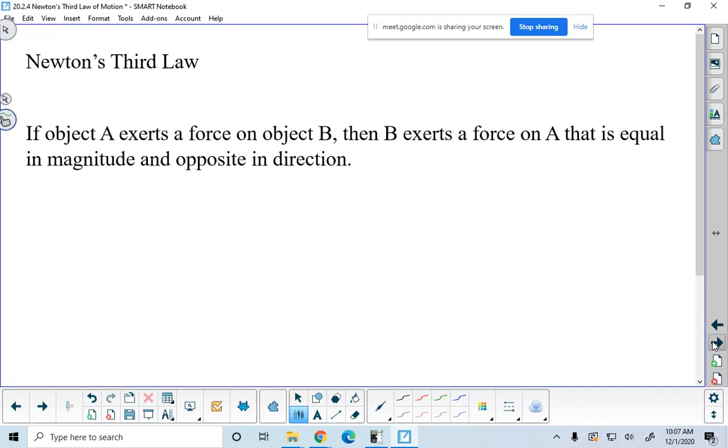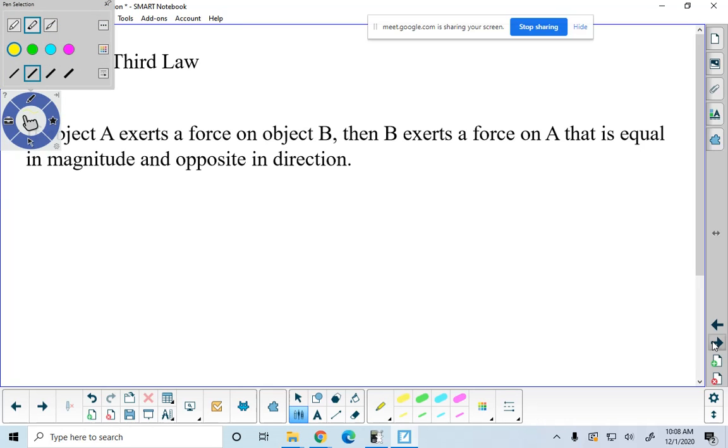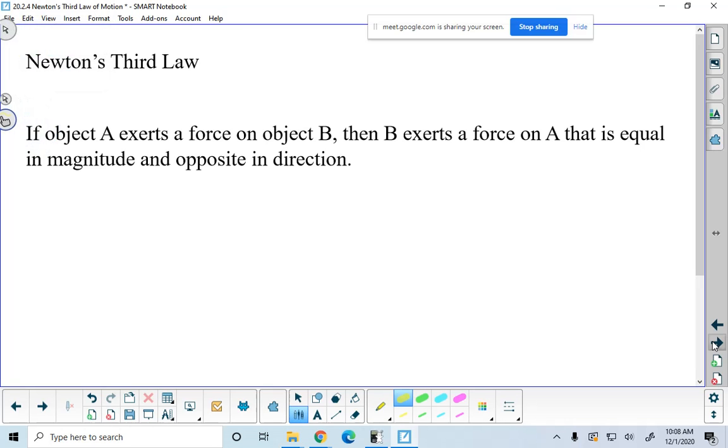When you have one object exerting a force on a second object, then the second object exerts a force on the first that's equal in magnitude but opposite in direction. I think the old adage that you are taught in maybe junior high or elementary is that Newton's third law says for every action there's an equal but opposite reaction. That may ring a bell.